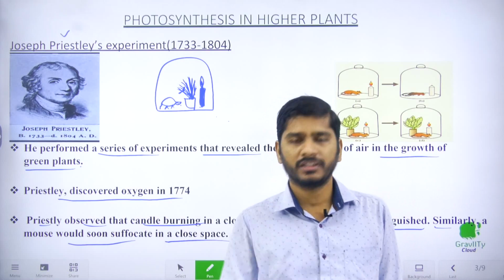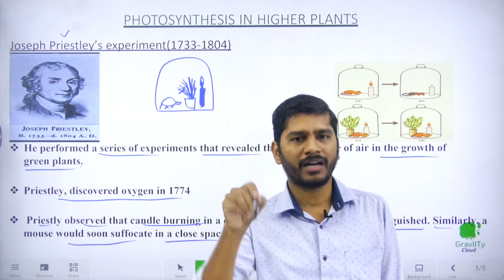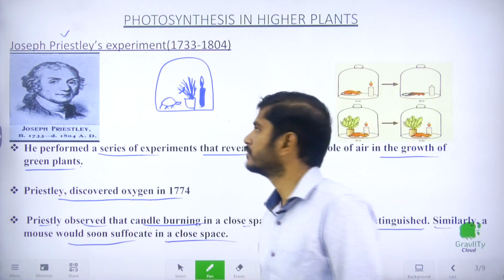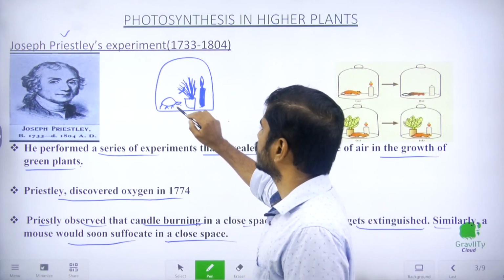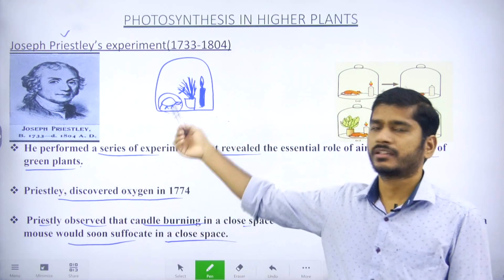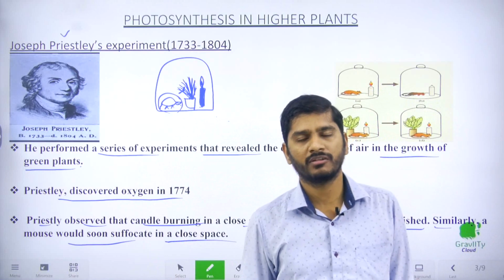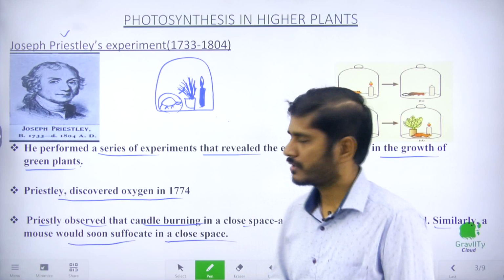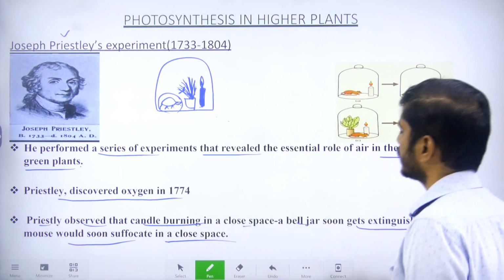Because carbon dioxide is a bad conductor of fire, so it won't allow burning. Oxygen will allow it. Next one. Anyway, we know that the rat will breathe in oxygen and breathe out CO2, so that is the condition.